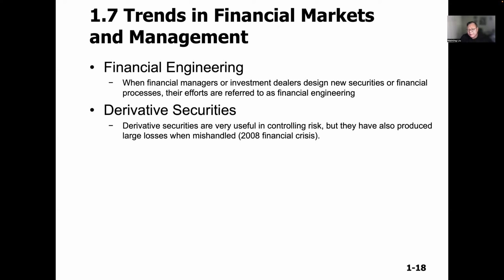The 2009 financial crisis, starting in the States, was actually caused by derivative securities. So what happened is the bank would give these mortgage loans to people with bad credit.